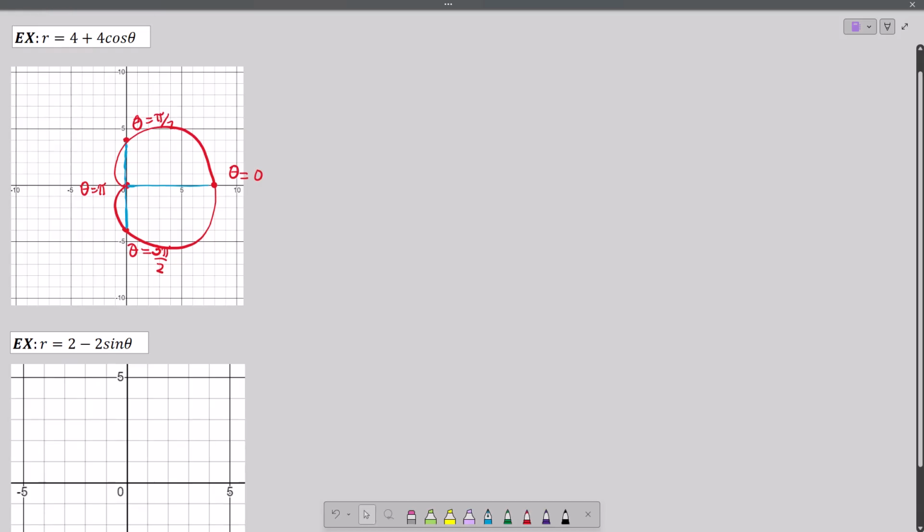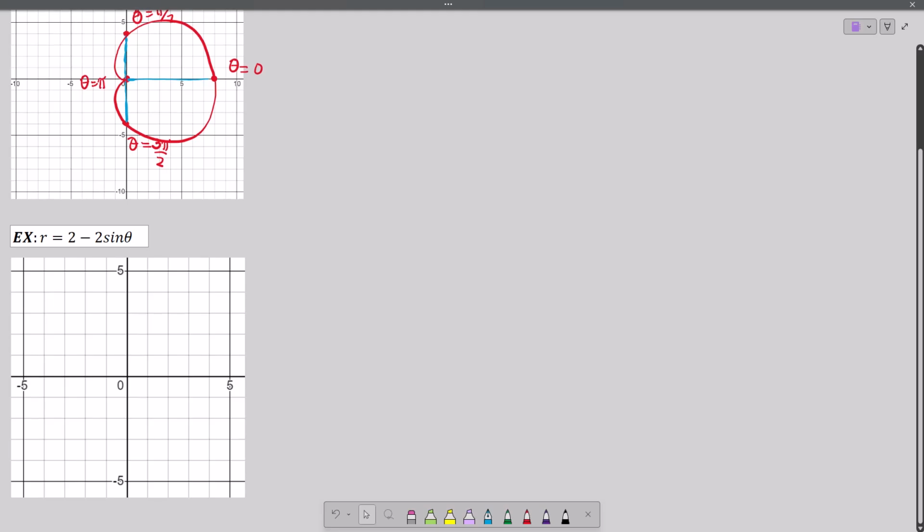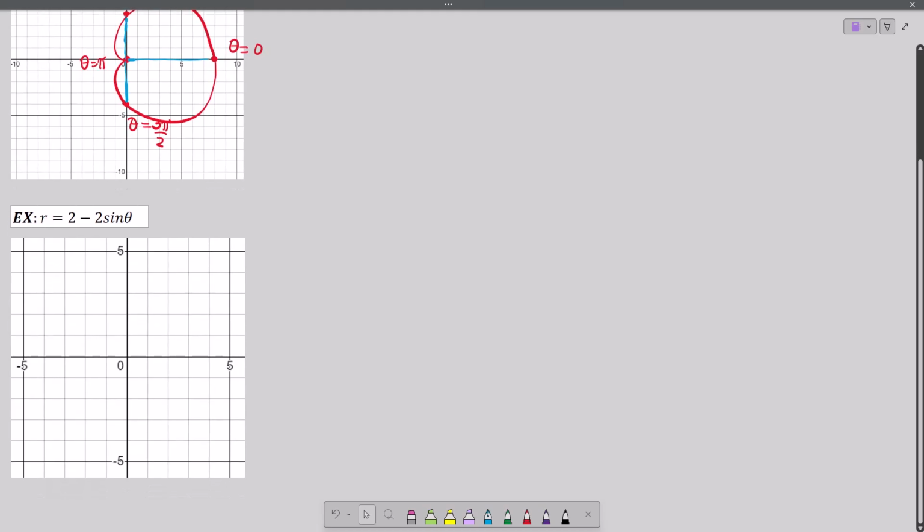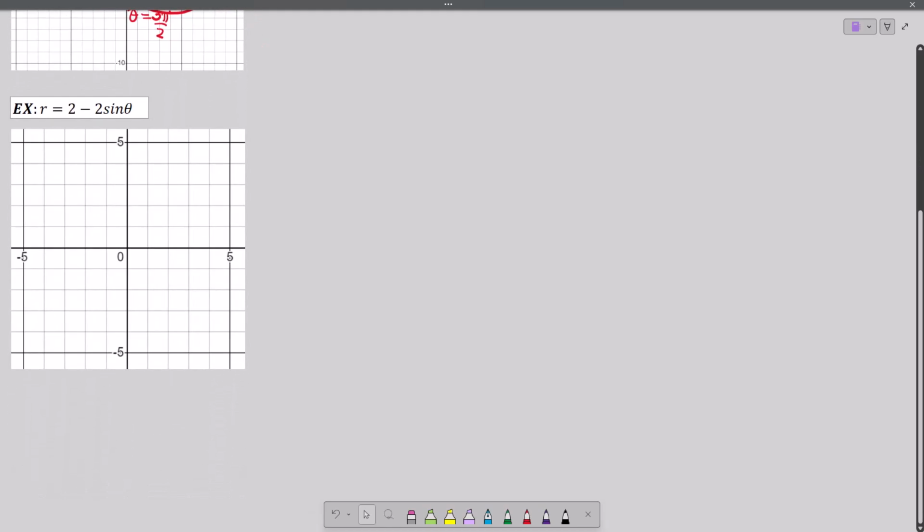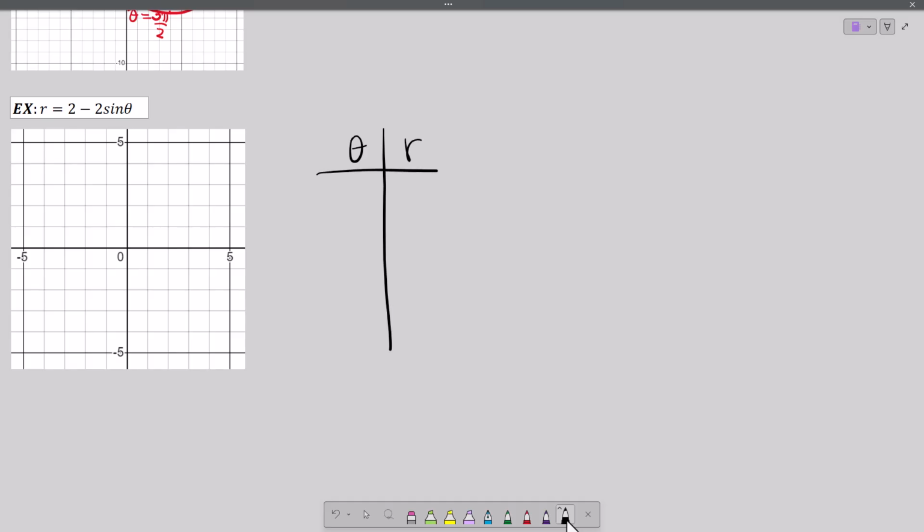All right, you all try this one then. 2 minus 2 sine theta. You can do it as a chart also. So see if you have mastered the graphing of cardioids yet.